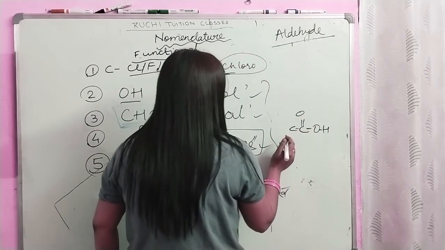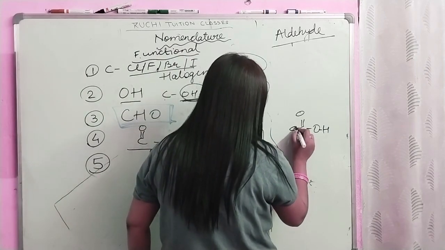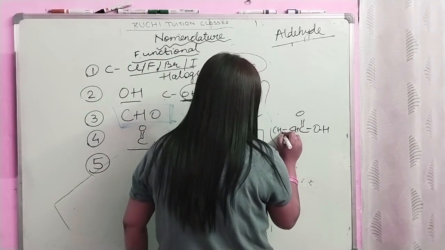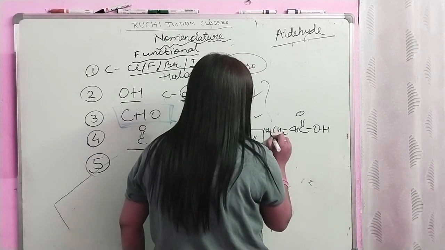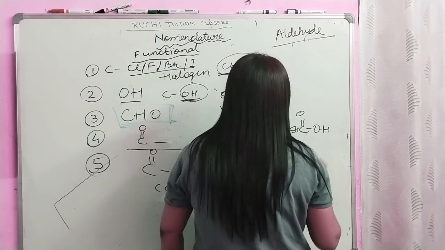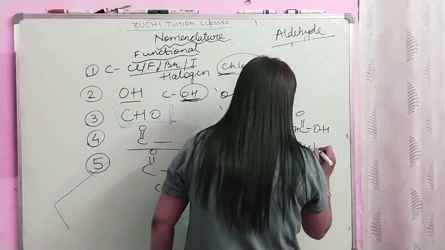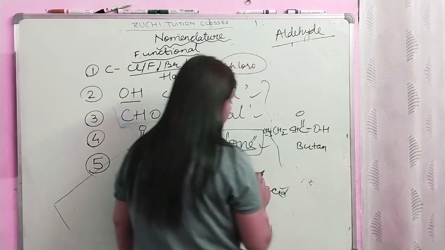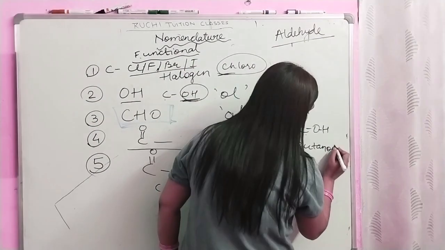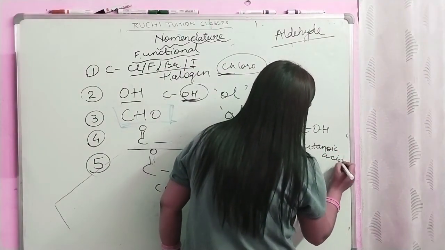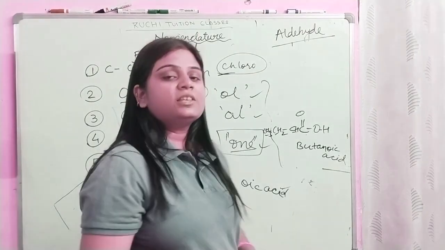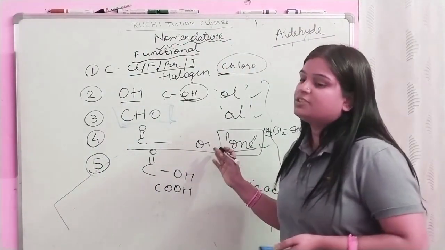And we put CH here, CH2 here, CH3. 1, 2, 3, 4 carbons. So we write butane, and the suffix is oic acid. So I hope the nomenclature is clear to you all.